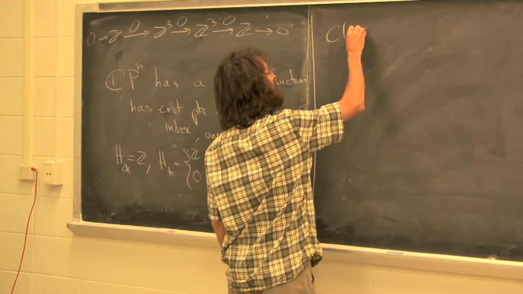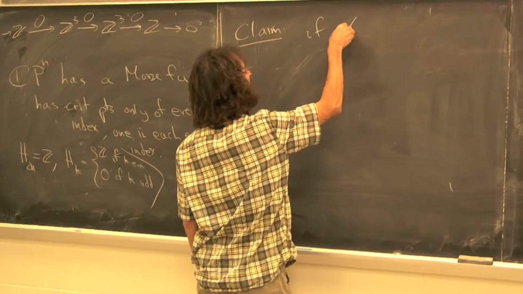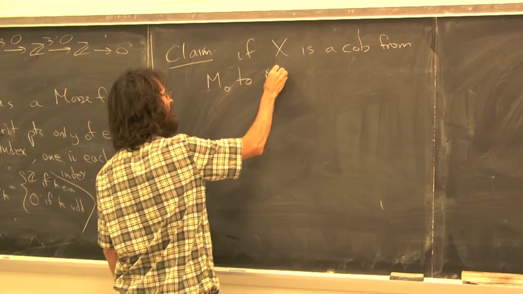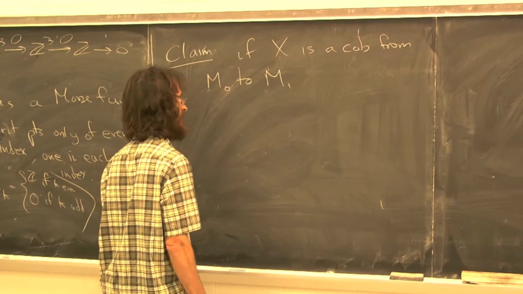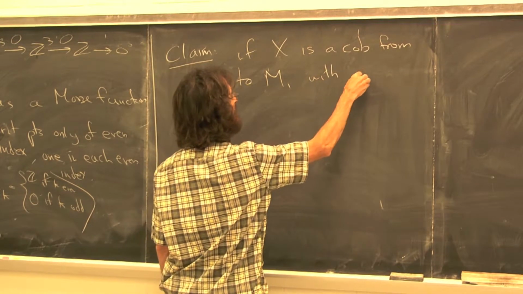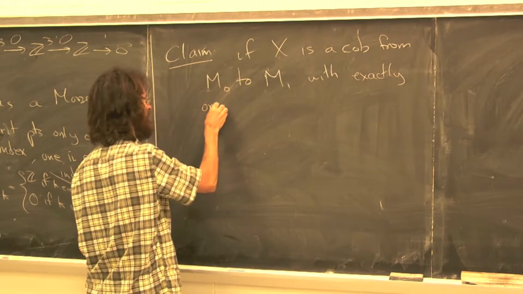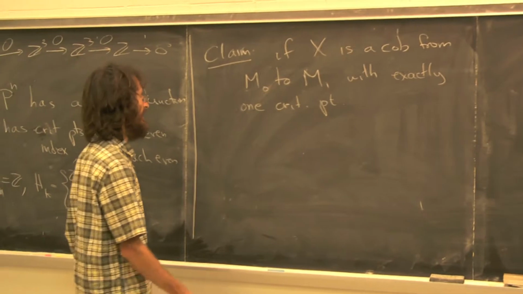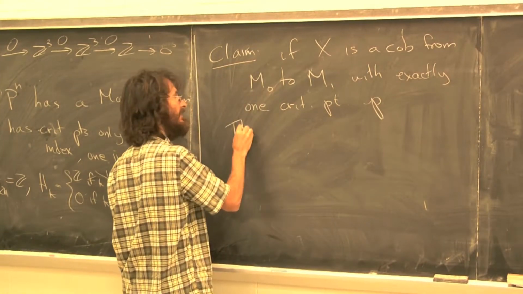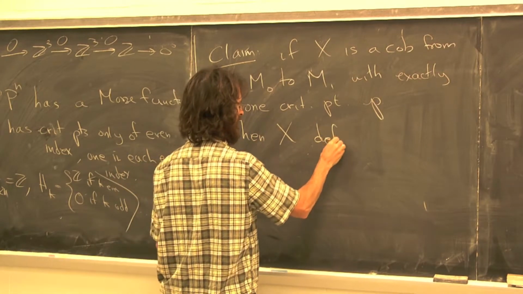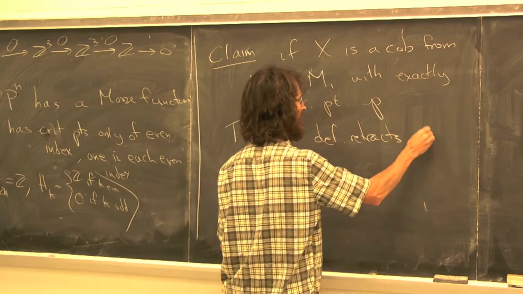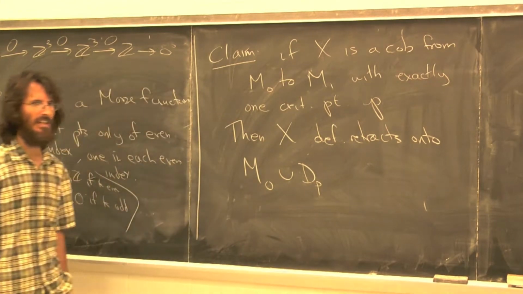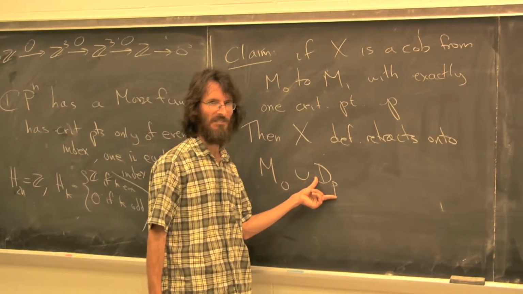So the first claim is that if X has a Morse function with coordinate from 0 to 1, let's go back to the very basic case with exactly 1 critical point, say P, then X deformation retracts onto M_0 union the descending manifold for P, and the descending manifold for P is actually a disk.